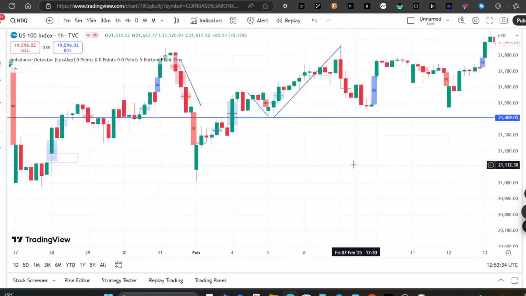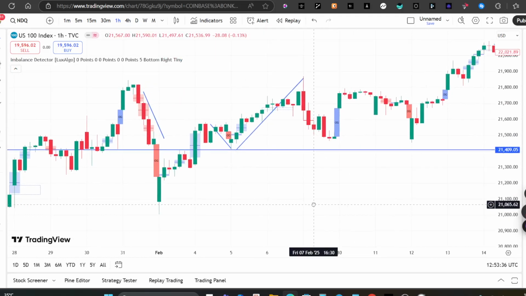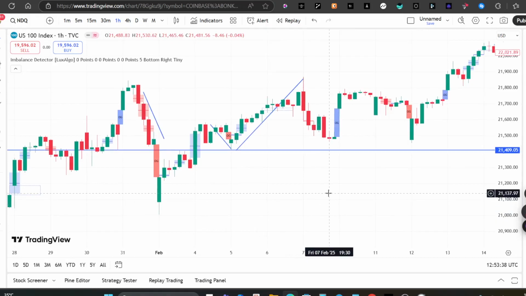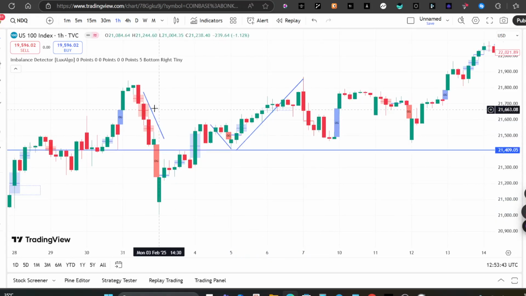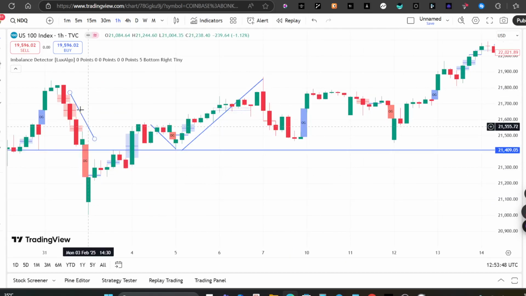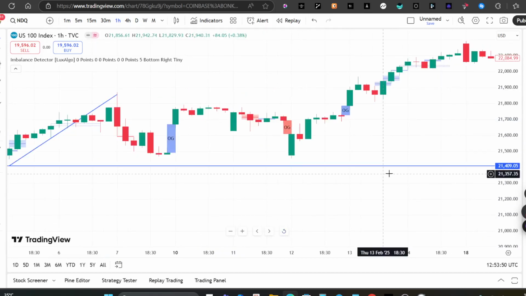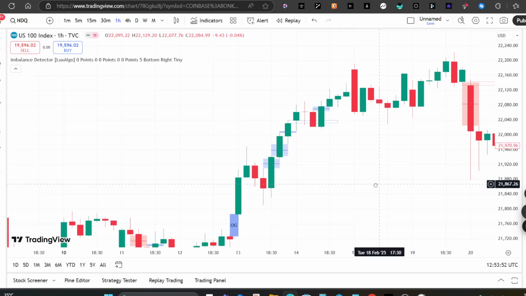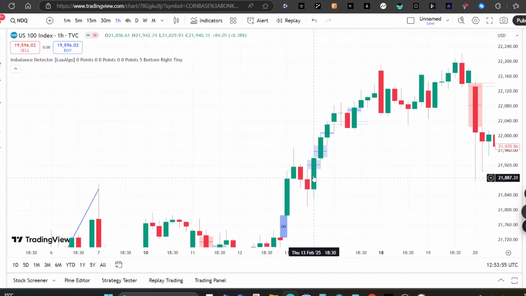If price is forming multiple imbalances in one direction, it often signals strong momentum. Like in this particular scenario, there was strong momentum, even though eventually the imbalance got filled. And you can see this other example, a bullish example showing that there was some strong momentum.